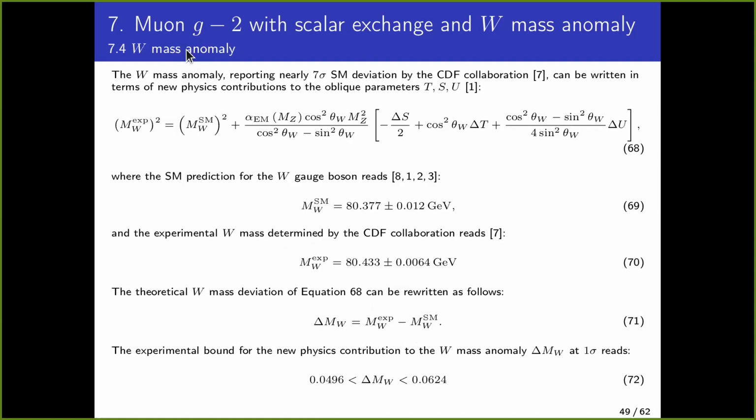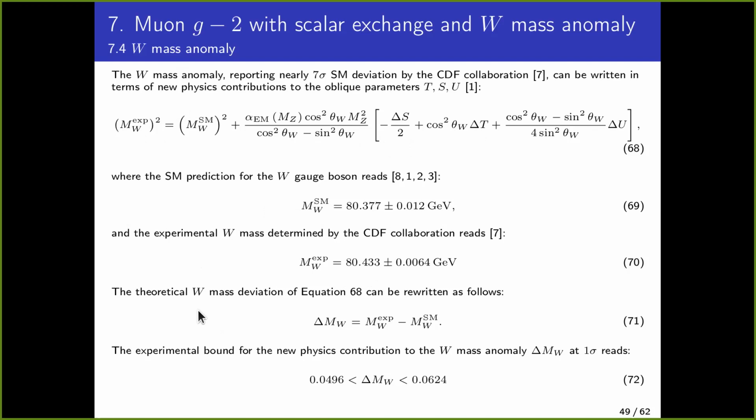And this W mass anomaly is defined in this way. If you take a look at this one, this is some coefficient, and it is defined by the linear combination of the calculated new physics effects of S, T, and U. The standard model prediction has this value, and the W mass determined by the CDF collaboration gives this value, which has a 7 sigma standard model deviation, which is quite sizable at the moment.